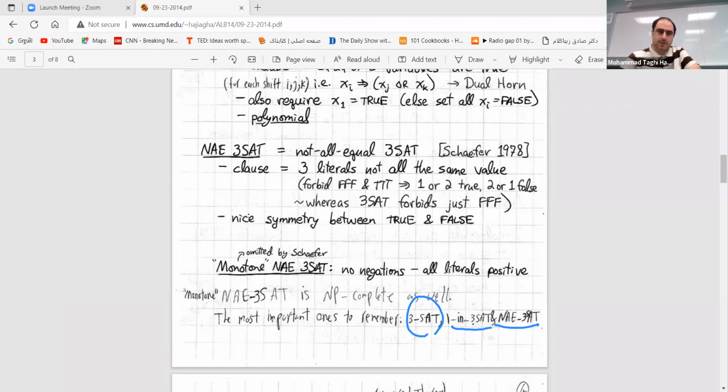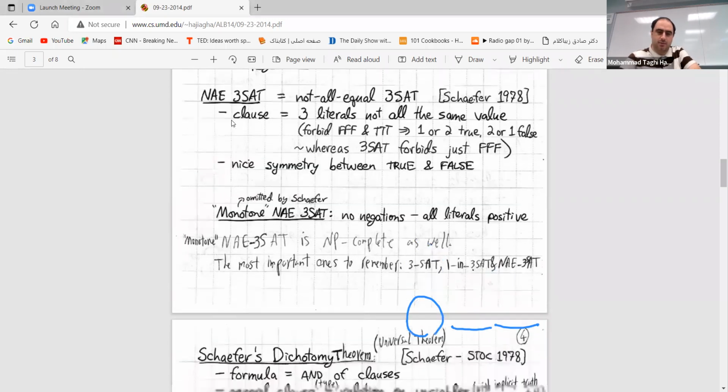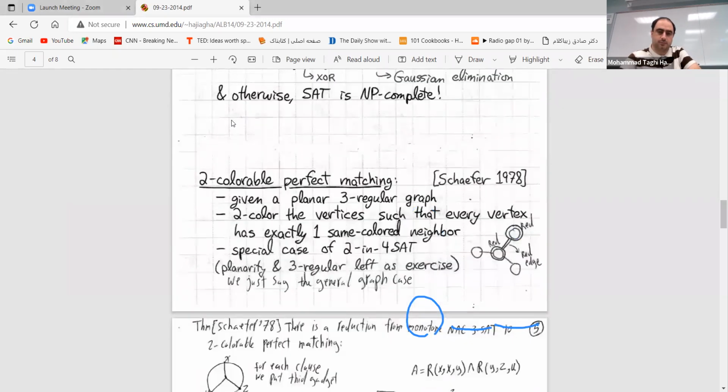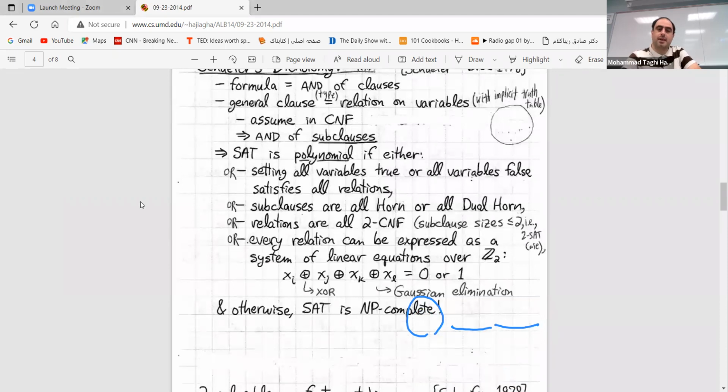So the question is, if one clause has three variables, all of them one, for example, something like this. Then this can be a special case of this, or it can be a special case of Horn and dual Horn.